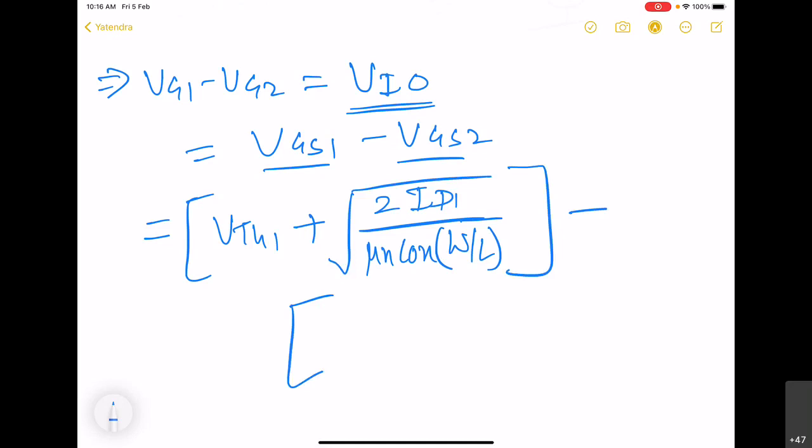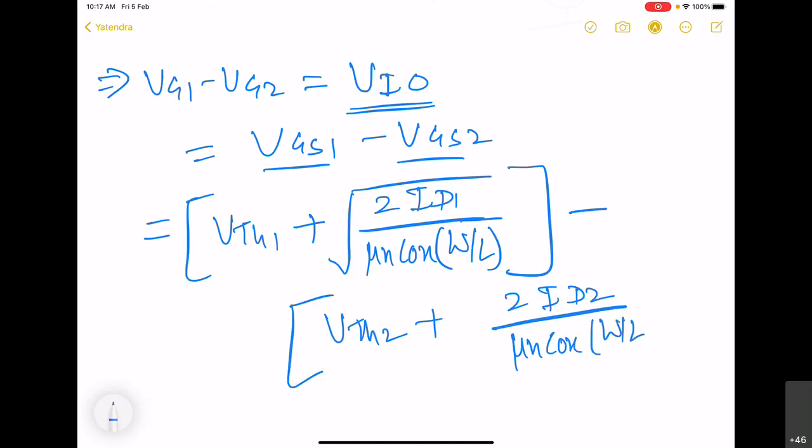Similarly, for VGS2, we have VTH2 plus square root of 2 ID2 divided by mu n COX W by L. And these aspect ratio, they can be distinct for these two MOS.